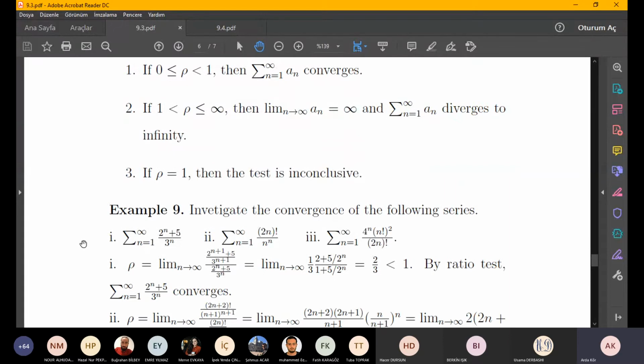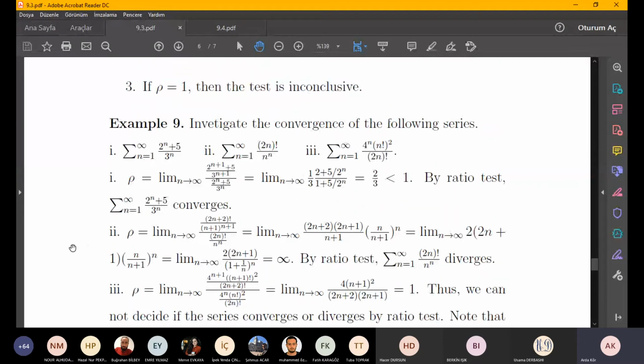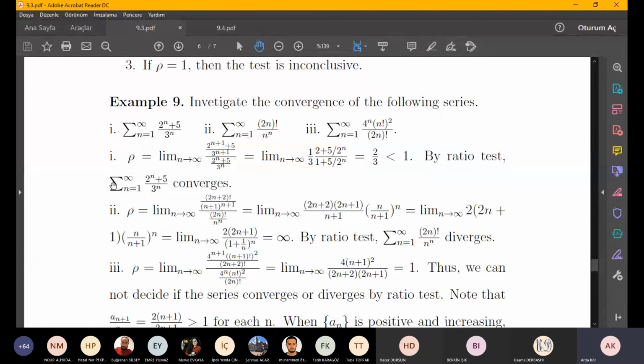So let's start with examples. The first series has general term 2 to the n plus 5 over 3 to the n. For those three examples, we will use the ratio test. So we will take the limit at infinity of an plus 1 over an. If you write an plus 1, it will be 2 to the n plus 1 plus 5 over 3 to the n plus 1, over an, which is 2 to the n plus 5 over 3 to the n.